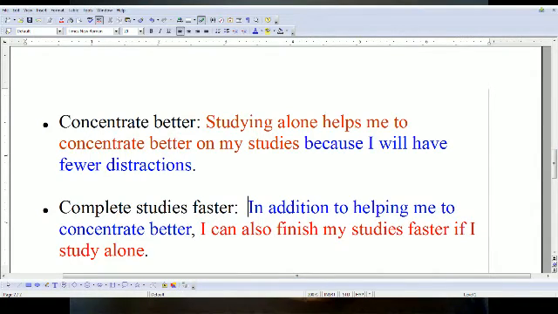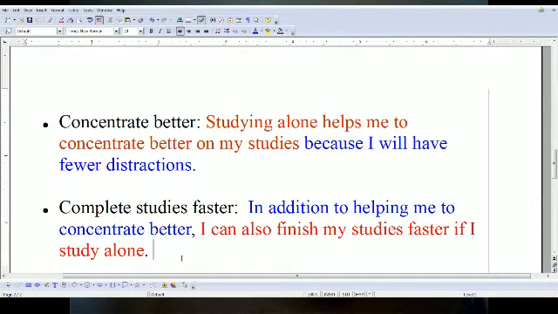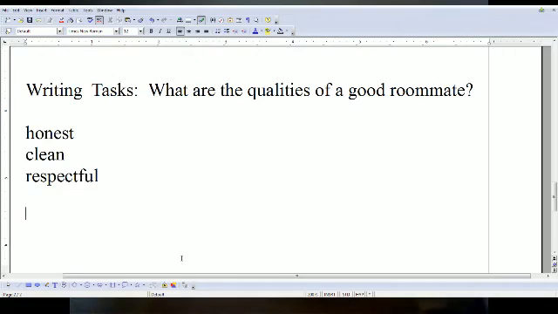Now what you can do here, and really what you're trying to do here also is you're trying to avoid using any type of template, so be careful. A lot of students will say first of all, or the first reason is, the second reason is, the third reason is.